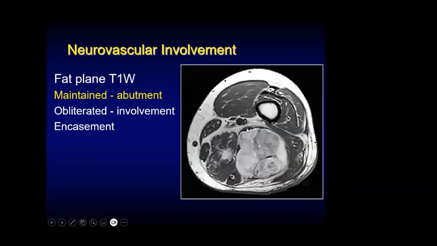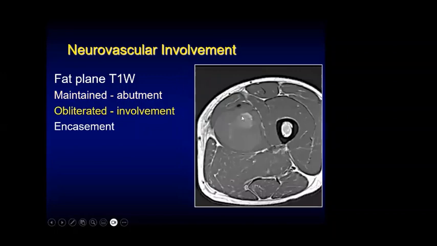And here we have another example of a lobulated soft tissue tumor. This one is in the hamstring compartment, and we see an intact fat plane between the tumor and the neurovascular structures. And here we have a different situation. We have a patient with a soft tissue tumor, but there is loss of the fat plane between the tumor and the neurovascular structures.